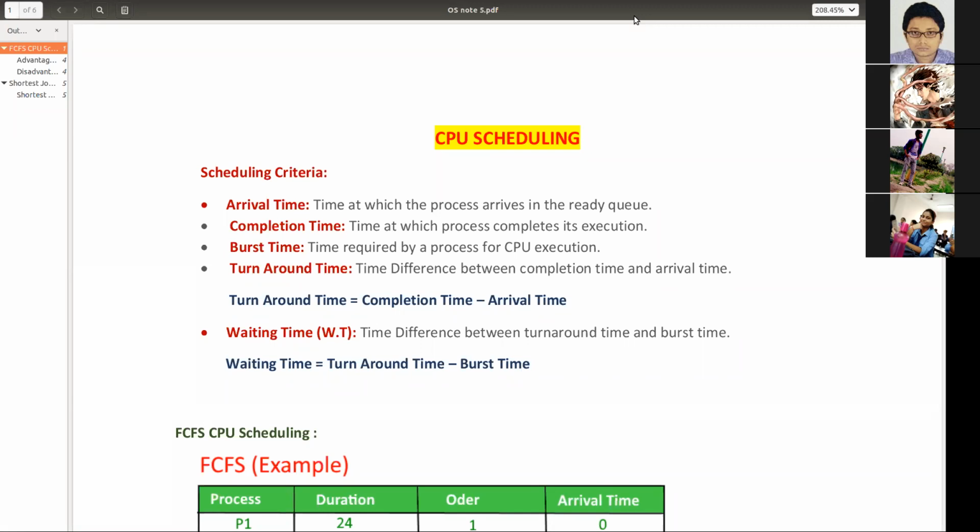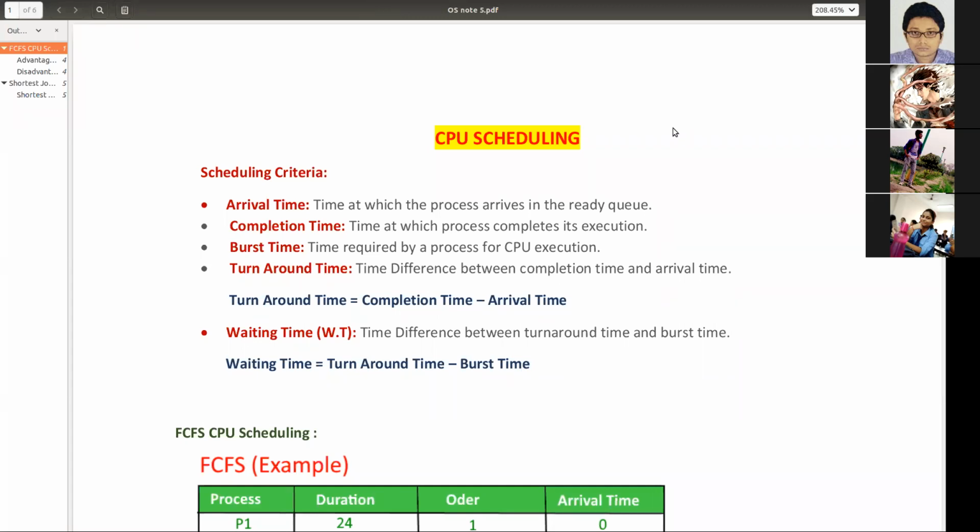Next, waiting time. Waiting time means the difference between turnaround time and burst time. This waiting time actually indicates how long our process is waiting in the ready queue to get the CPU.